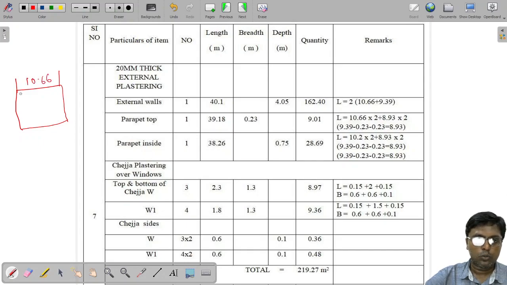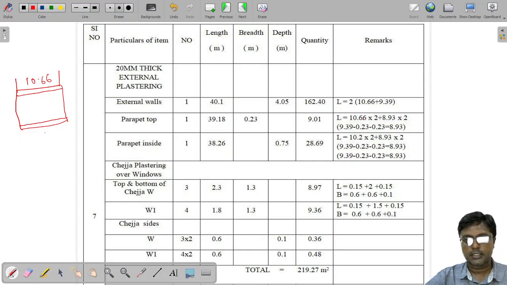So first I will do the plastering on this side of the wall completely. From this end to this end I will do plastering. On the top, again I will do this. So it becomes 10.66 into 2. This one wall, this one wall.